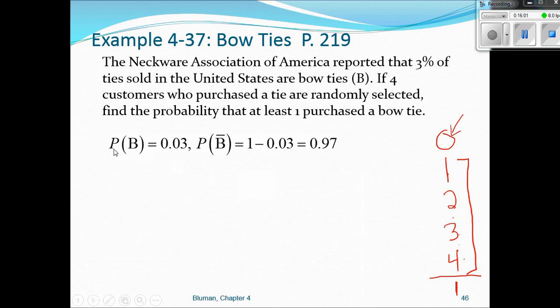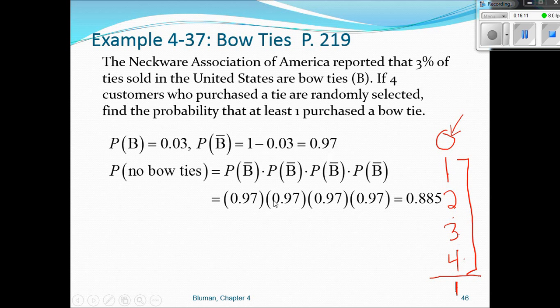So the probability of a bow tie is 0.03, or 3%. The complement, which would be the probability of not purchasing a bow tie, is 97%. So basically, we're finding the probability of 0 bow ties out of 4 people. So that's the probability of the first person not buying a bow tie, the second person not buying a bow tie, the third, and the fourth.